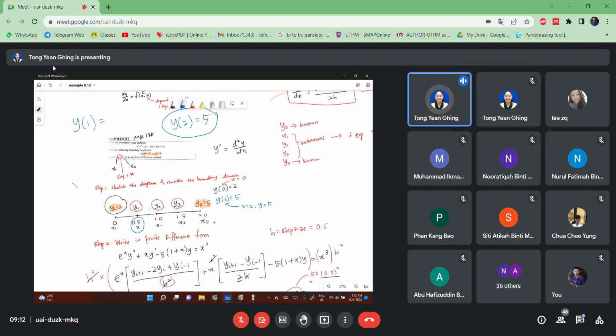The initial value, this one is initial. Tapi because most of the time we start in 0 in our example. So the student thought, okay, this one is the x one. No. So it depending. If let's say given that initial is like this means this boundary value problem is start from x naught is 1.0.